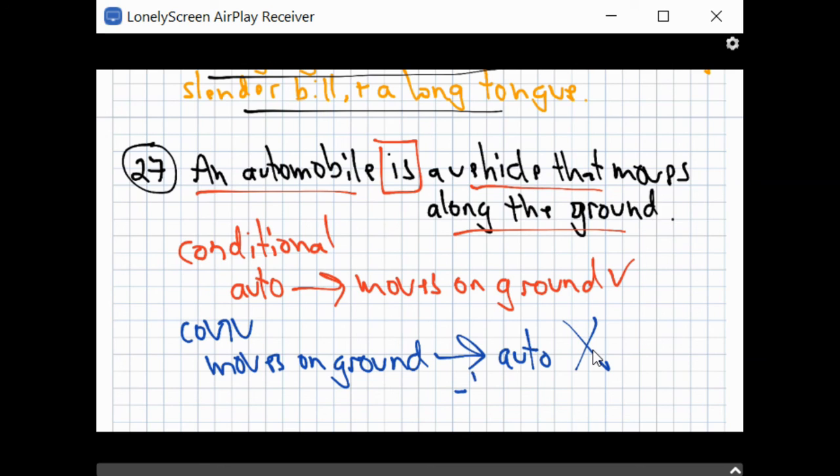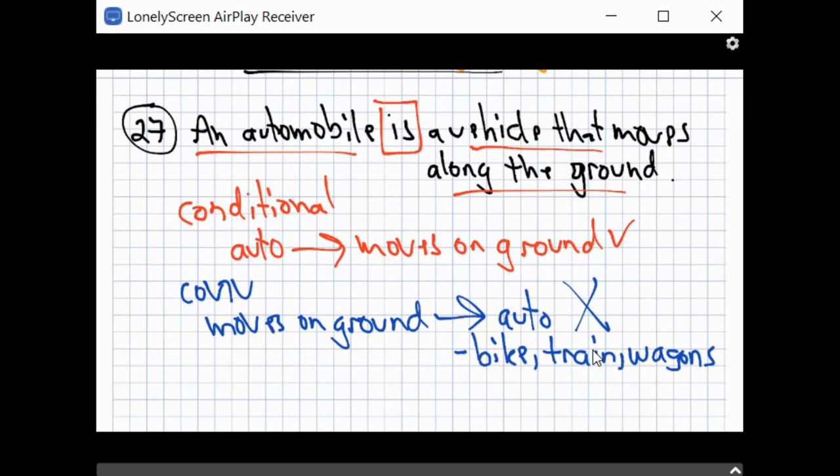Because what? You've got a bike, you've got trains, you've got wagons, you've got vehicles that move along the ground, carriages, skateboards. So that's not a good definition of an automobile. So you can see why looking at things as conditionals and biconditionals allows you to see whether or not a definition is adequate or not.